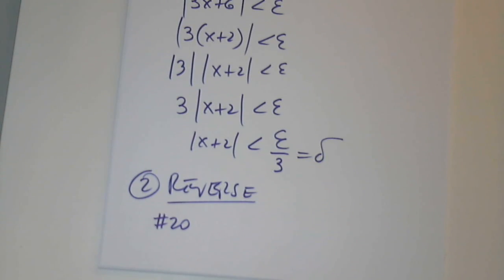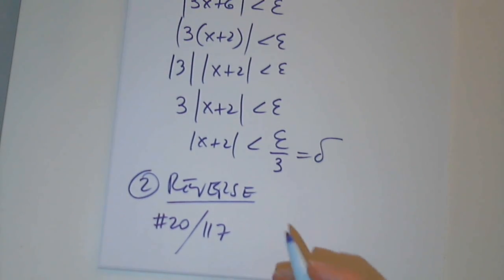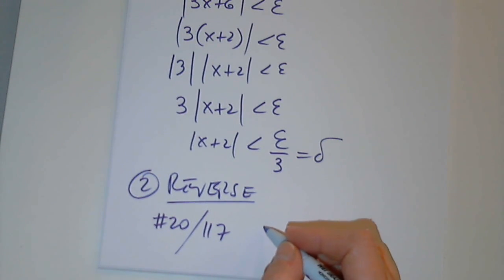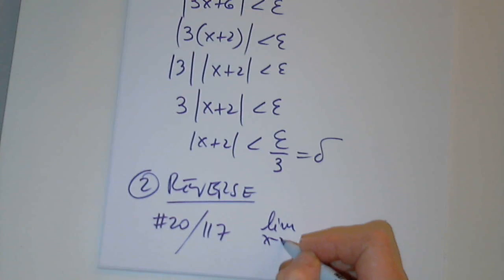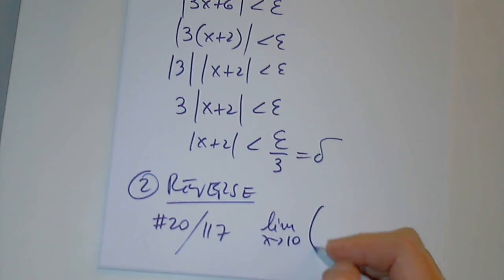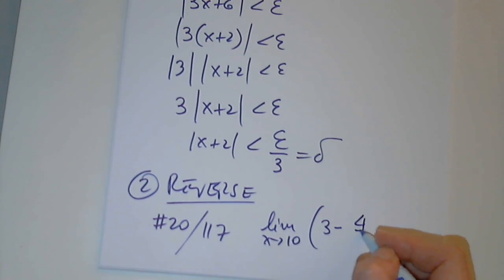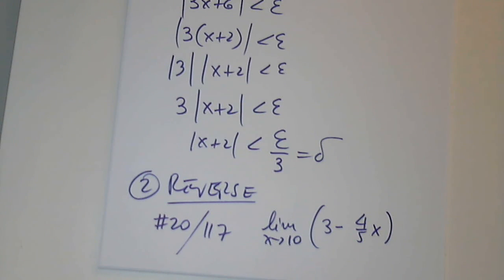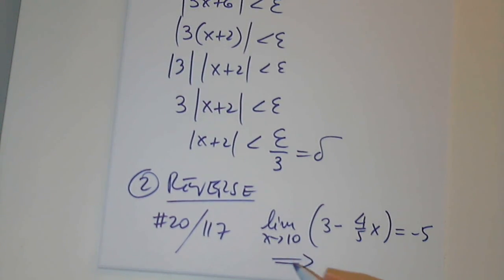And then I would still like to look at a numerical example because you may encounter those in WebAssign. So this is the limit as x approaches 10 of 3 minus 4/5 x, and please give me the answer. It's -5. Excellent. So please let's work on this.